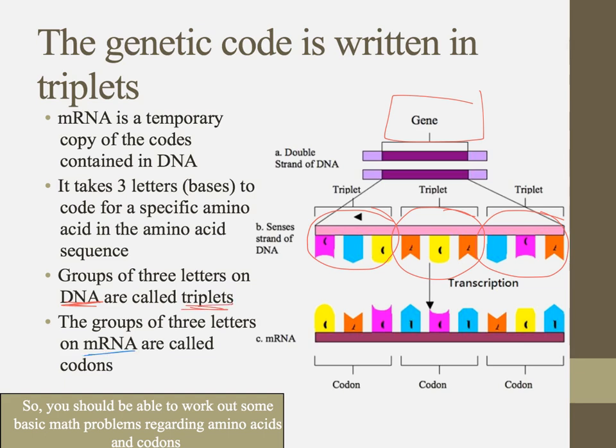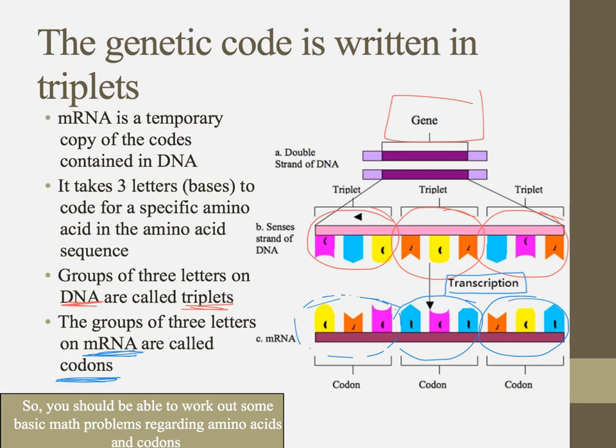On mRNA, we call those groups of 3 codons. So when we transcribe those codes onto mRNA, and we're writing the complementary base pairs, we're then going to group those base pairs on mRNA into groups of 3 called codons.